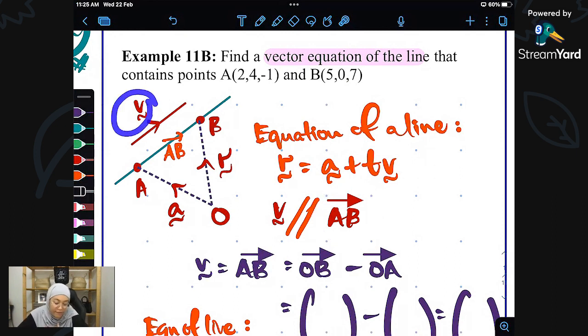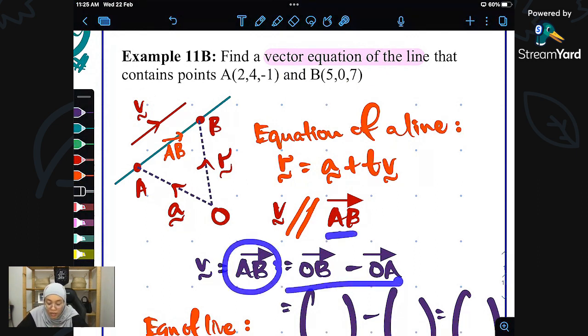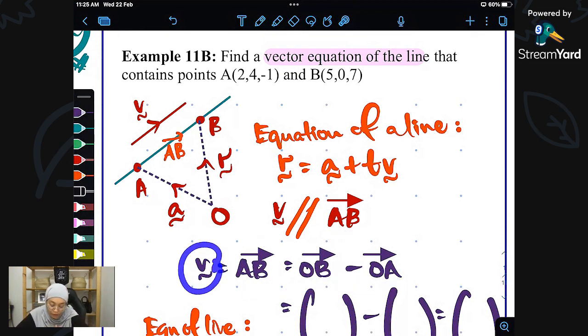Although the question does not give V, we can find V by finding the vector from A to B using the formula OB minus OA. And so we get our V. We are so happy because we can get our V very easily since we have 2 points, point A and point B.